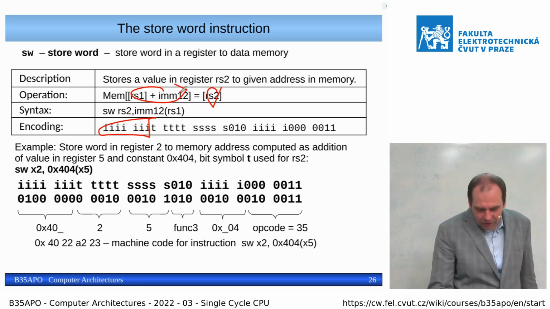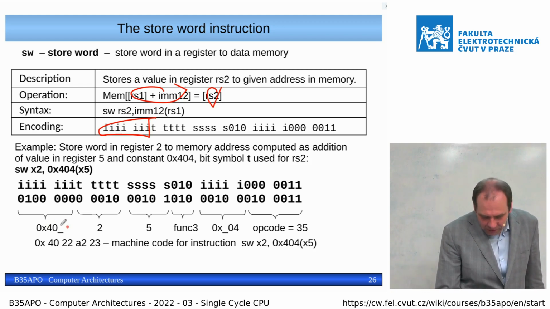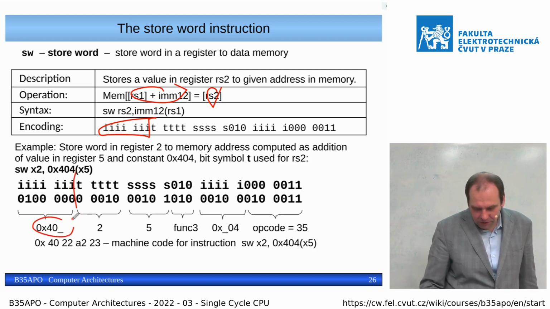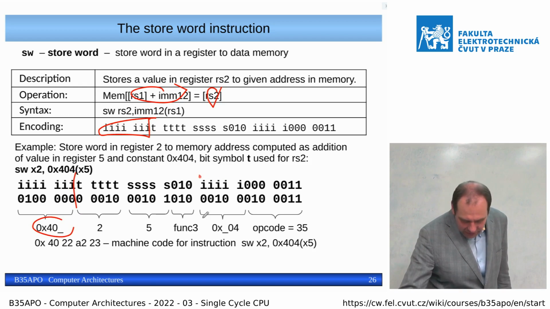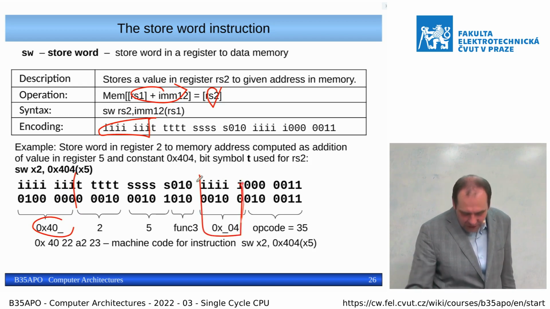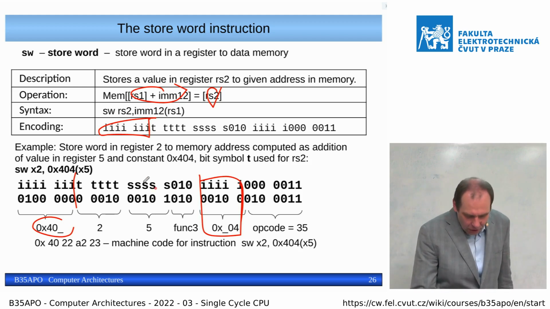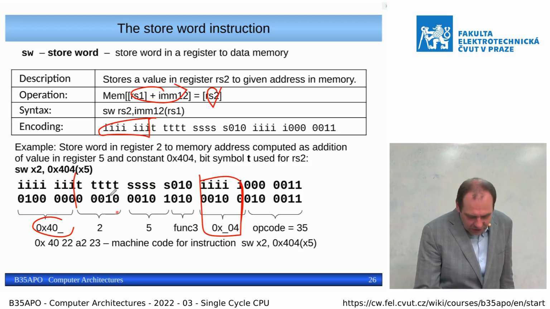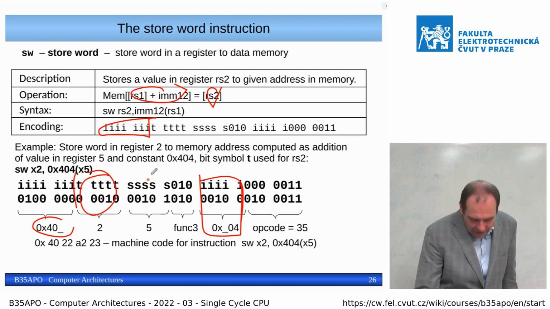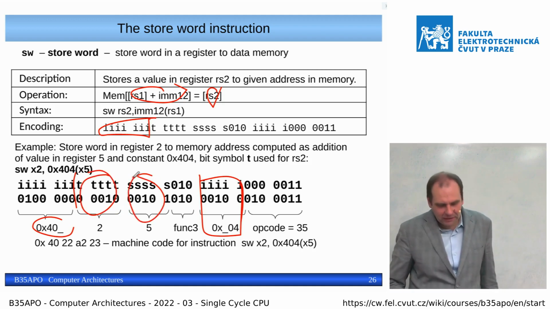So there is the encoding. As you can see, we cannot encode all of 400 into the first part of the immediate operand. It is necessary to encode it into those 2 parts. Then we have a combination of source register 2 to store data and the 5 as the base.